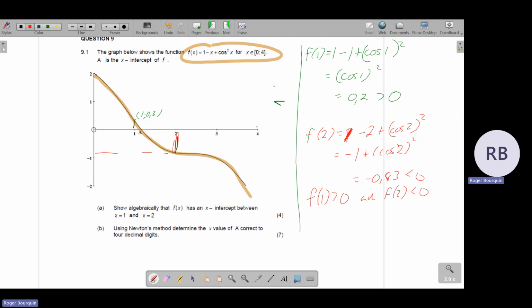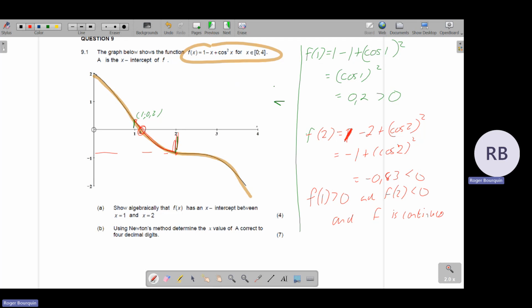is less than 0, and then you have to mention f is continuous, and what that means is that the function has to go through the x-axis, there are no gaps. So one is positive, one is negative, there are no gaps, so it must have a root in that interval.